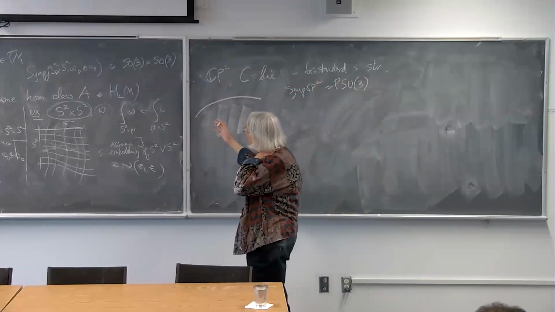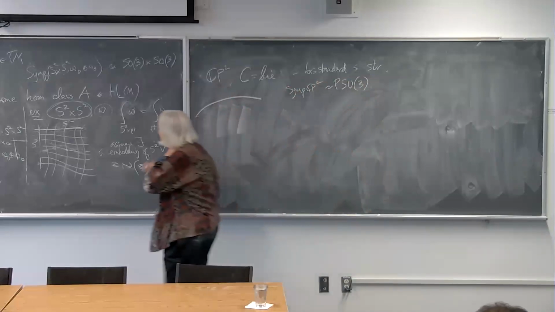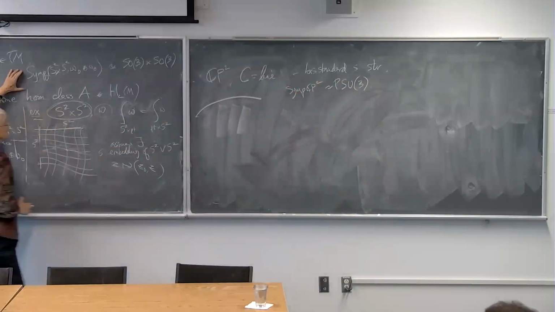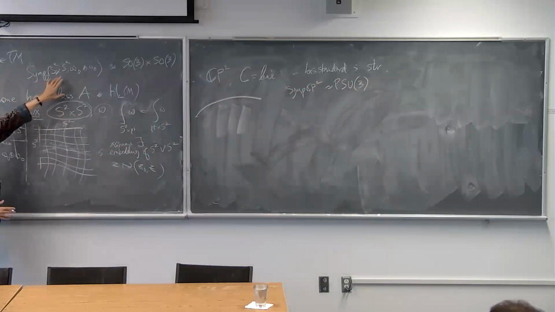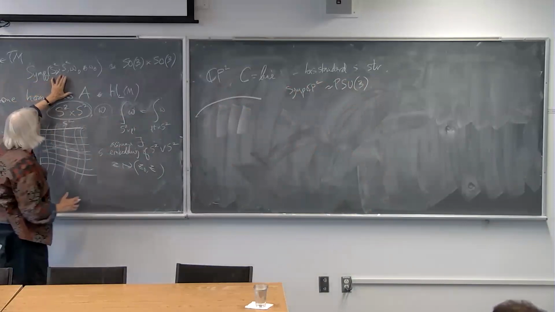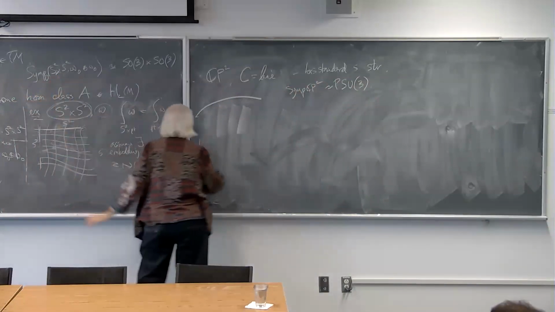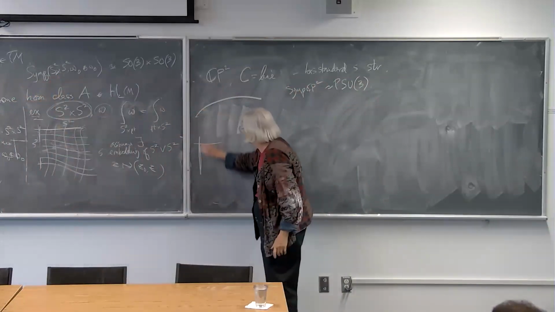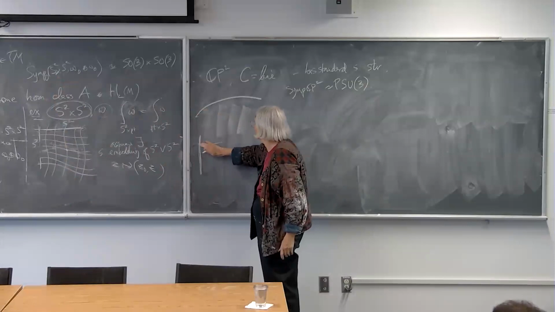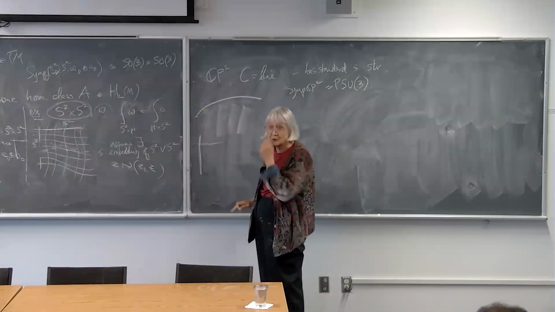Now, you can generalize these results. So one of the first things I did was generalize this, where, for example, instead of assuming you have two spheres in S2 times S2, you could just have one sphere. If you just assumed you had a single sphere in S2 times S2, you could prove this.